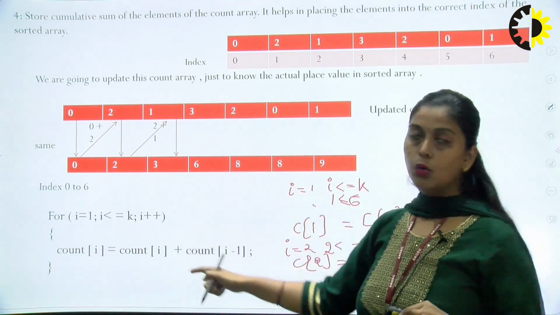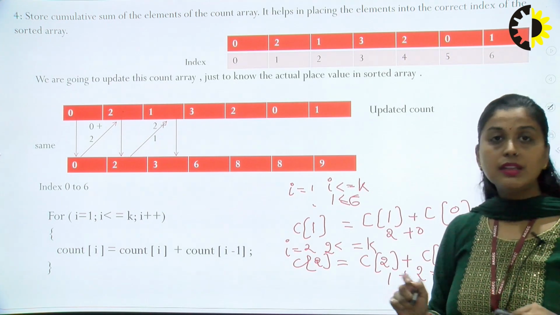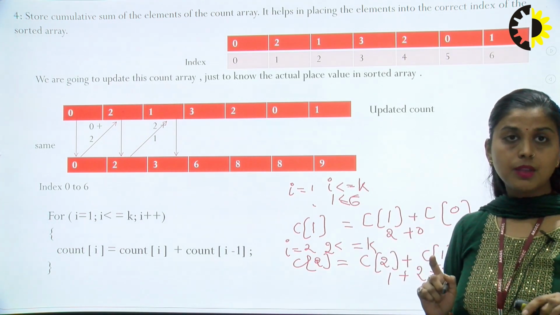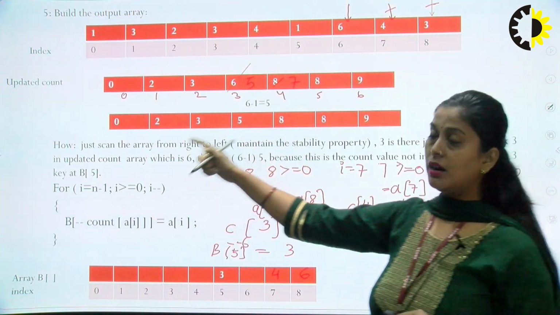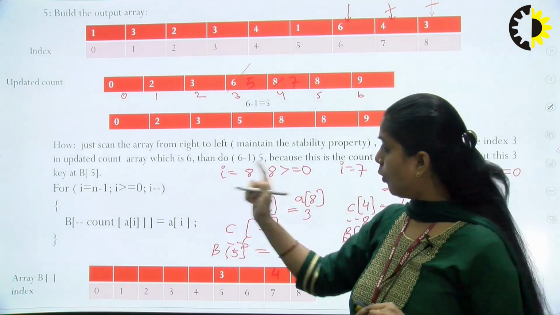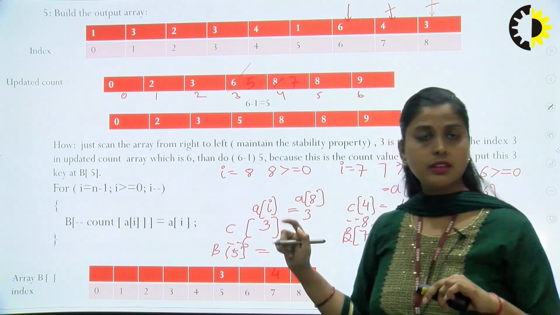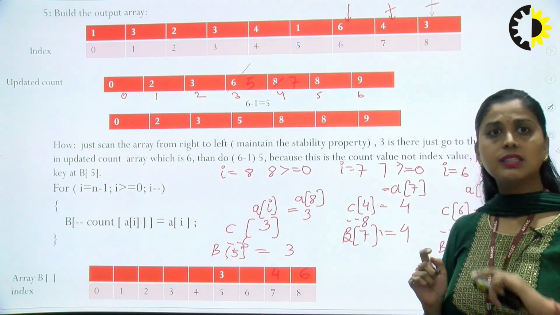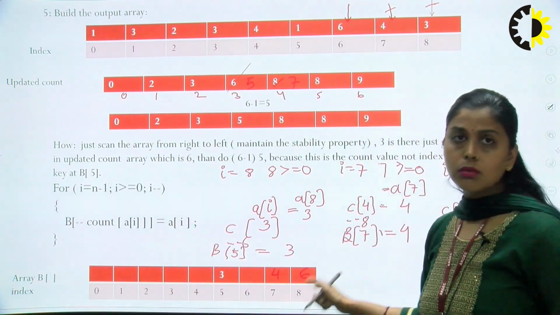There is another loop which is running from 1 to k, and we can say the complexity of this loop is k. One is n, one is k. After that, there is another loop which is going from n minus 1 to 0. So this is again running n times, then 2n plus k.